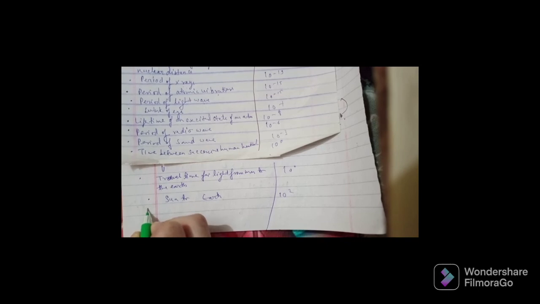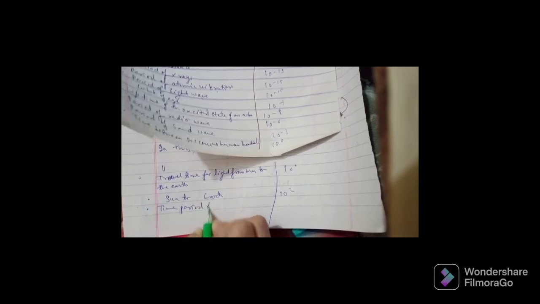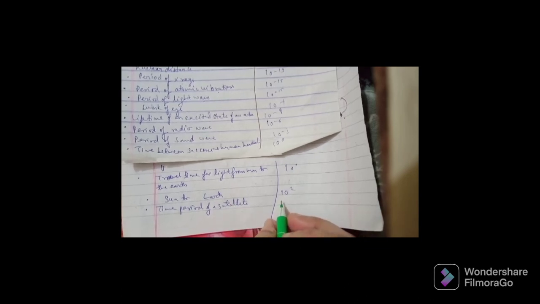Then we have the rotation time period of a satellite, 10 to the power 4.